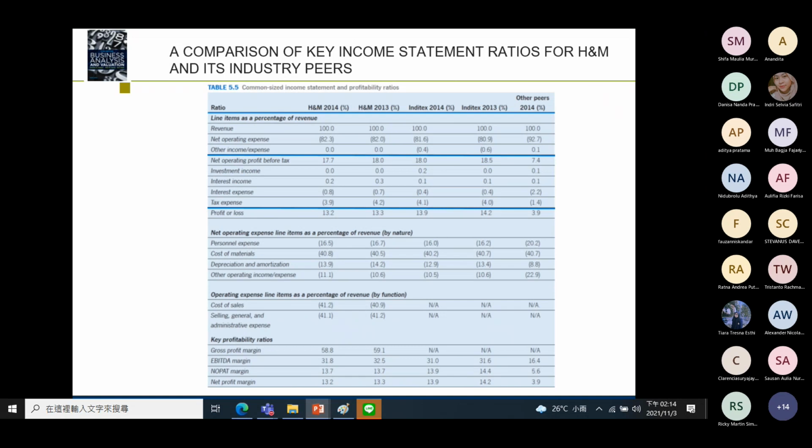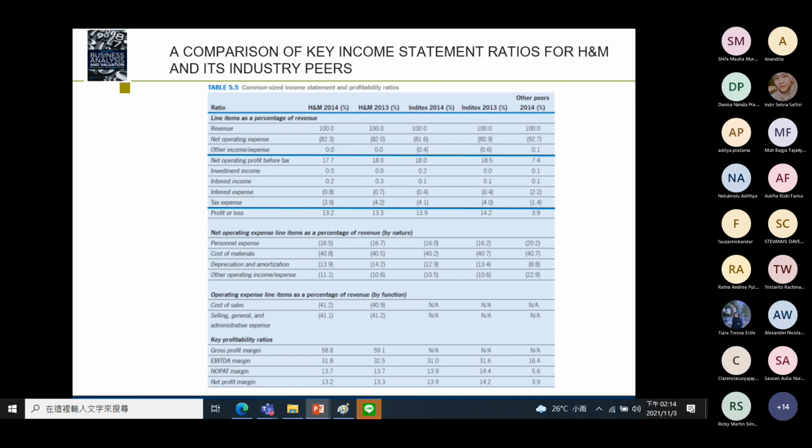Consequently, we can decompose H&M's net profit margins both by function and by nature, but can only compare expenses by nature. Decomposition by function is not required by international accounting rules.